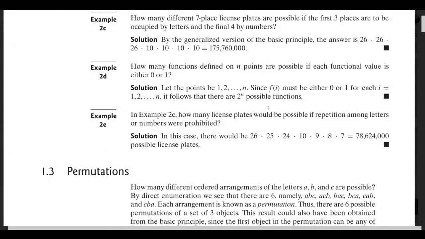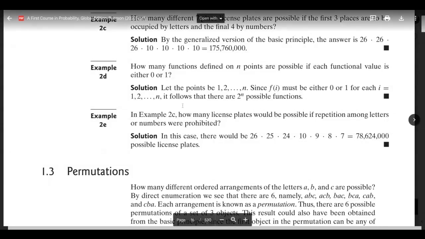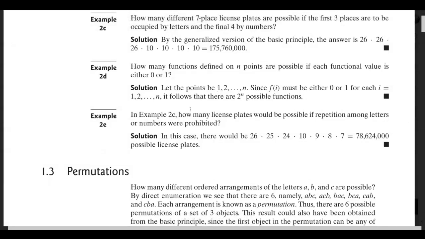How many times? n times, because for each one you have 2 choices. Point 1 either goes to 0 or goes to 1. 2 choices. Point 2 either goes to 0 or goes to 1. 2 choices. So on and so forth up to n. n can go to 0 or n can go to 1. So you have 2 times 2, n times. That's 2 raised to n.